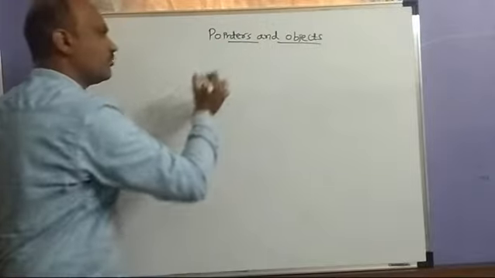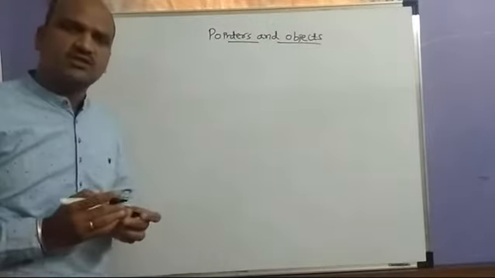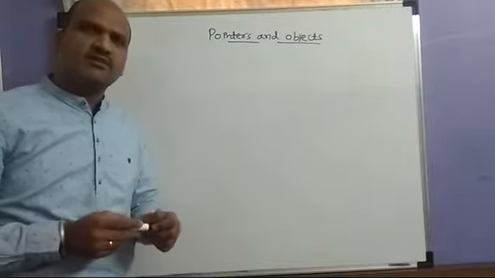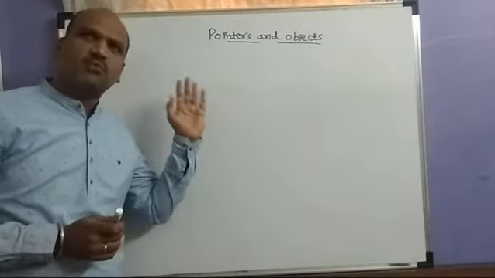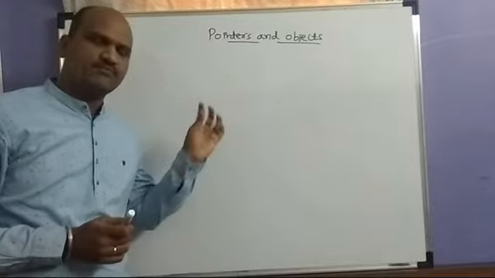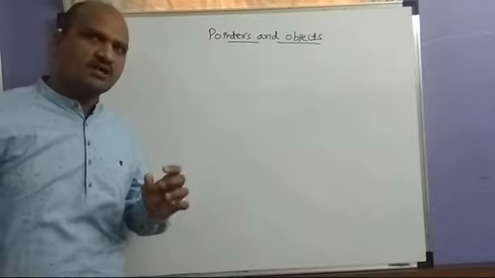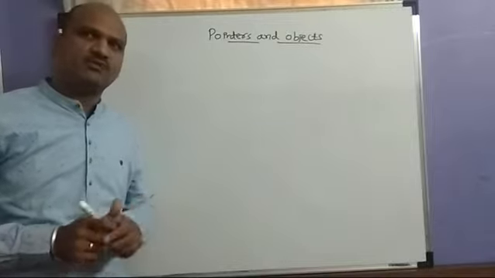So here, pointers are used with structures, pointers used with strings. Same as that, pointers pointing to objects. The pointers which are pointing to objects are referred to as object pointers.